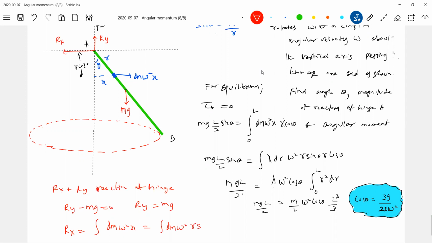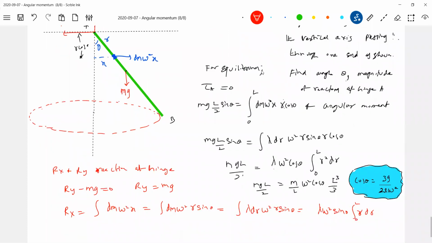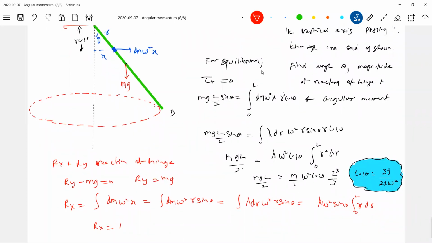What is x? x is r sin theta. And dm is lambda into dr. So lambda omega square sin theta r dr, 0 to L. So Rx equals lambda omega square sin theta L square by 2. Lambda is m by L, so Rx is m omega square L by 2 sin theta. This will be the reaction.